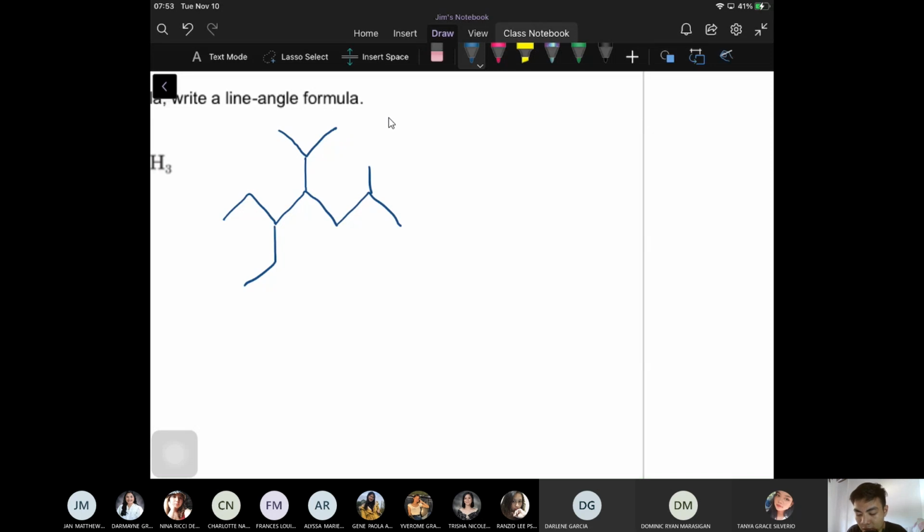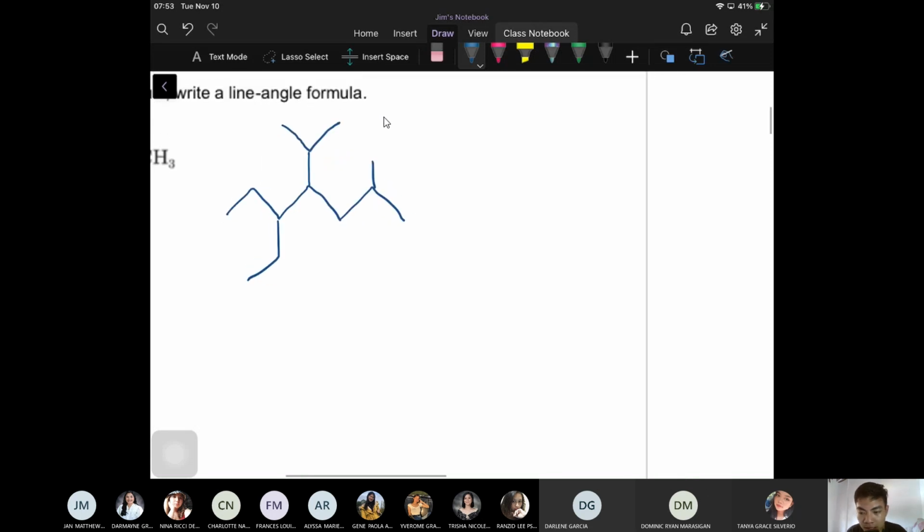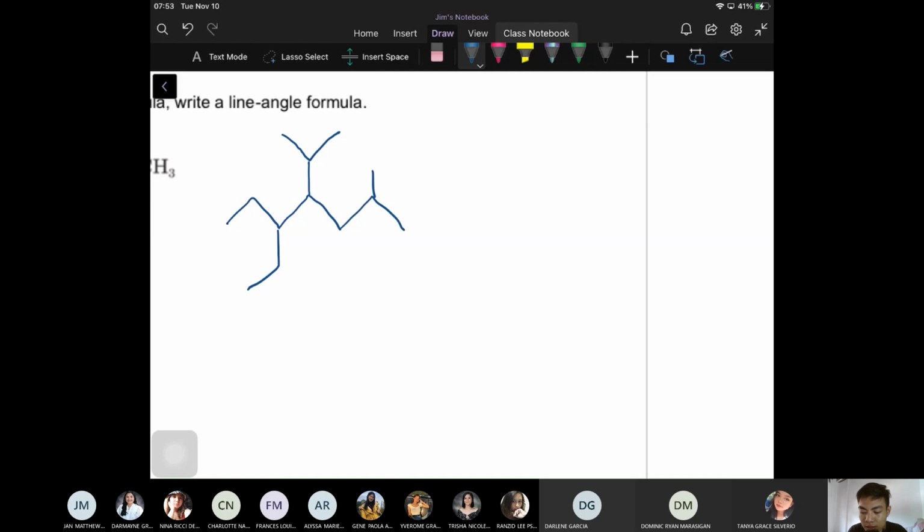Okay? So, anyway, paano ulit tayo nag-name ng alkanes? First, you identify the long chain. So, the long chain here is this group. This is the 7-carbon chain. Yung iba, hindi yan yung long chain. So, it is necessary for you to look for the longest chain always.